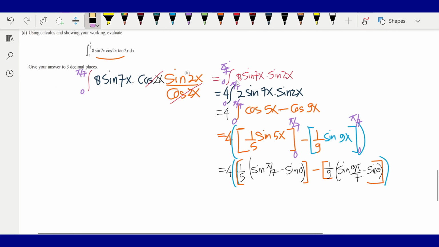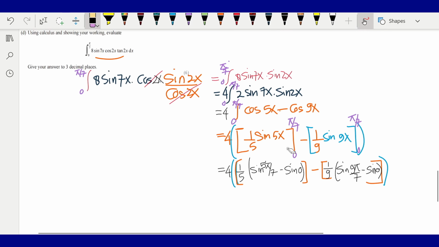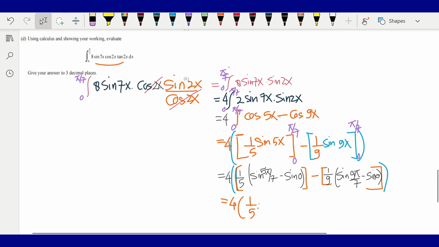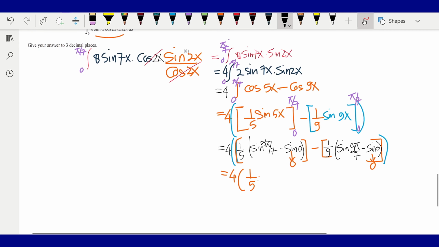Okay guys, so now we have plugged in the values of the upper and lower limits into the equation. We already got the substitution here, so we just have to count with the calculator. Since we know that sine 0 is 0, this is 0 and this is also 0, so we just write it shorter.